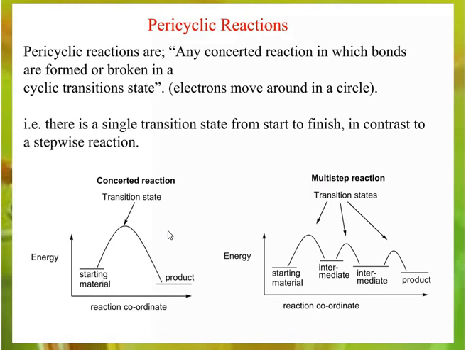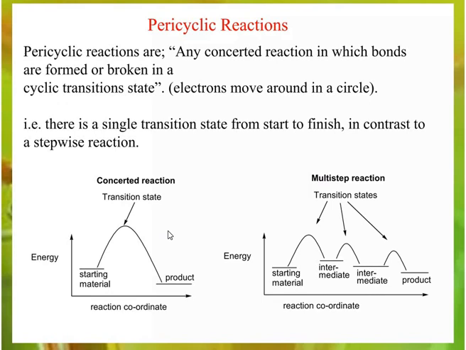You know the transition state. Electrons move around in a circle. That is, there is a single transition state from start to finish, in contrast to stepwise reactions. You can see here concerted reaction and multi-step reactions. What is the difference between these two types of reaction? You can easily identify.